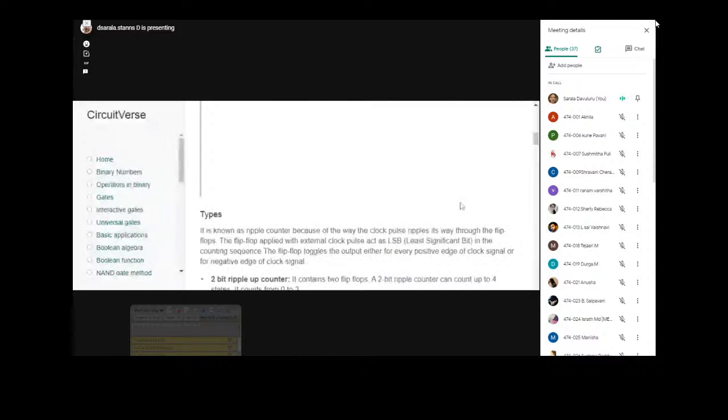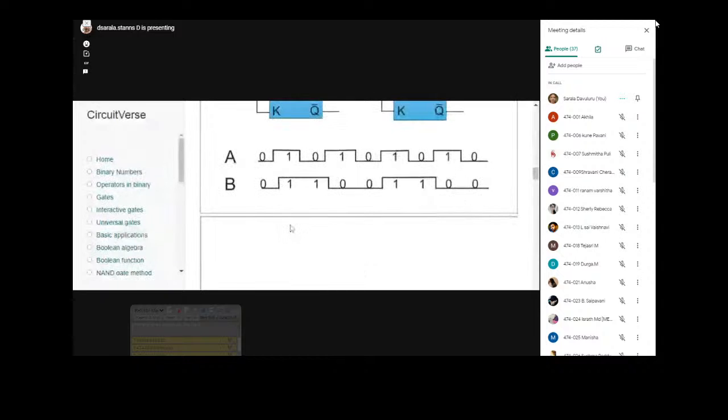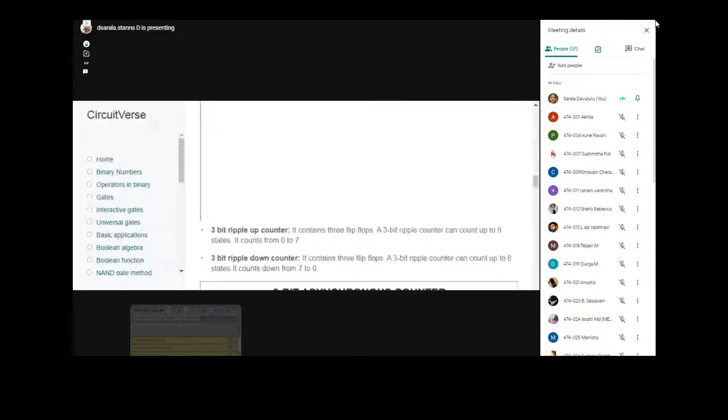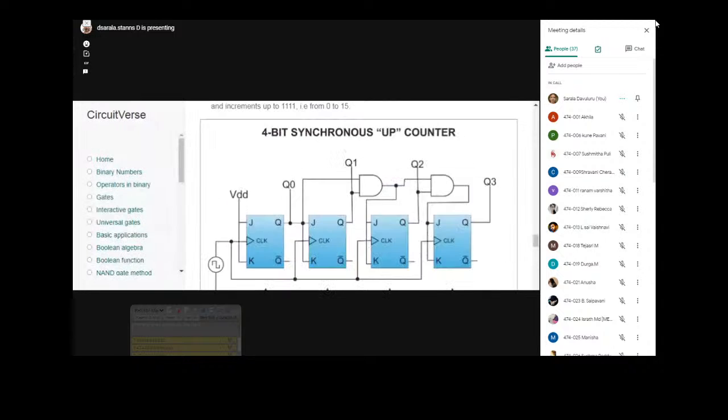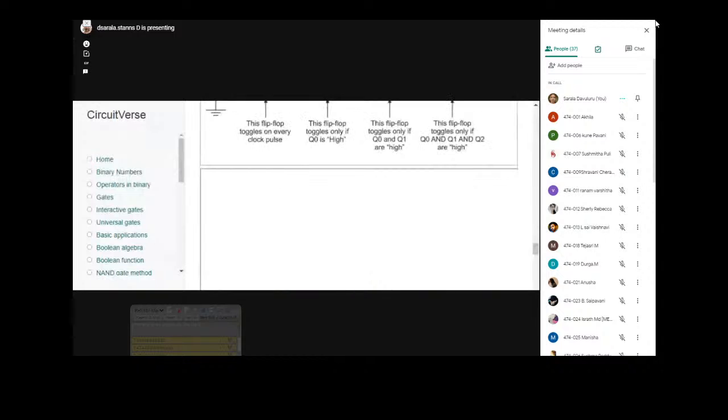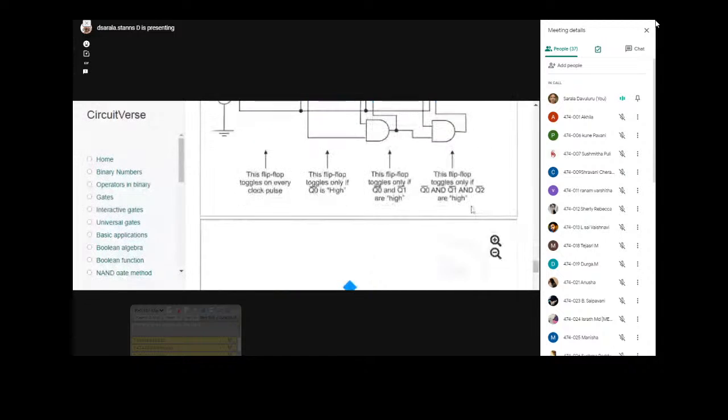You can also go to this circuit and launch a simulator. You have seen the interactive way of doing it. Digital counter, let me show you. This is a digital counter. This is a circuit, a digital decade counter.